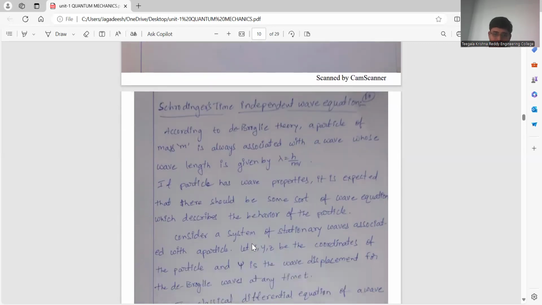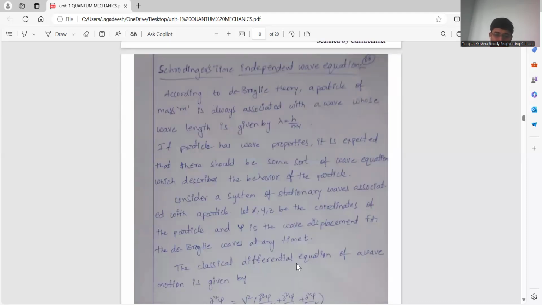Consider a system having a stationary wave associated with the particle. Let x, y, z be the coordinates of the particle, and psi be the wave displacement for the de Broglie wave at any time. At any time, the particle has coordinates x, y, z and the wave displacement of the particle is psi.